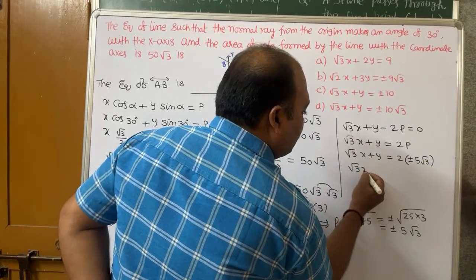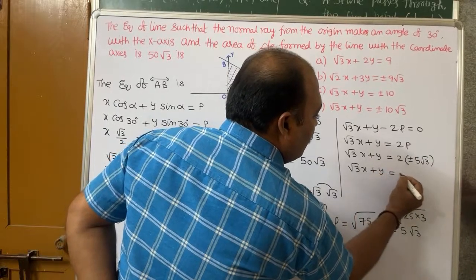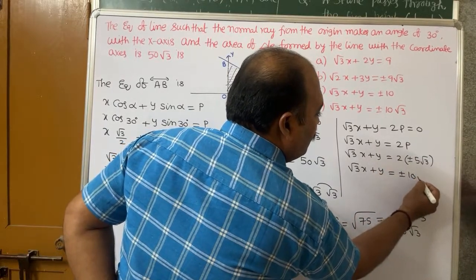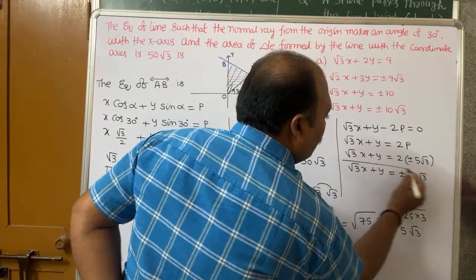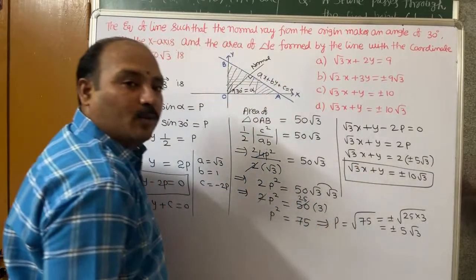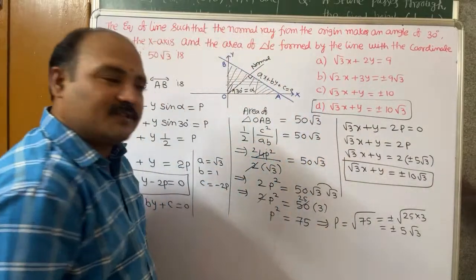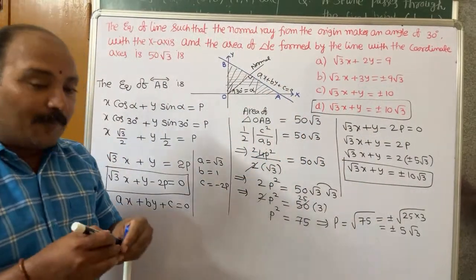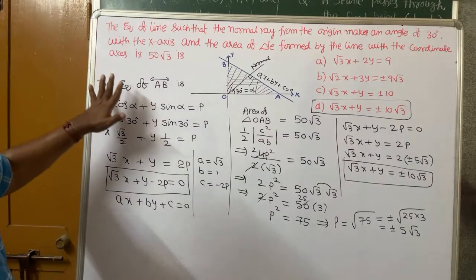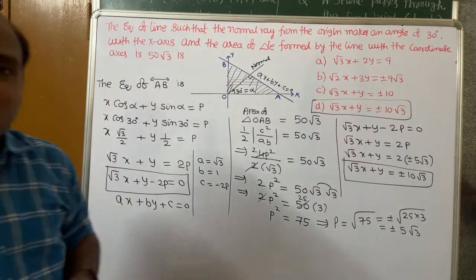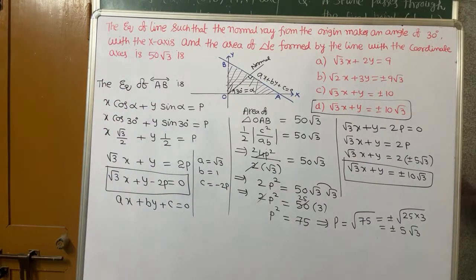Root 3x plus y is equal to plus or minus 10 root 3. So this is our required answer. It is there in the fourth option, dear students. Required line. This is the application of the normal form of the straight line. Okay, I think everyone understands that.